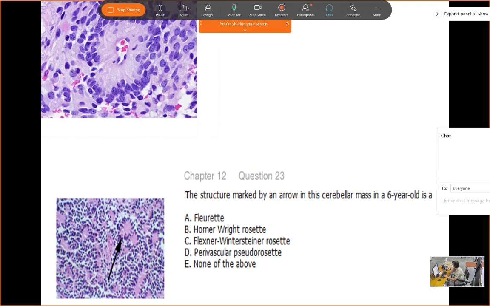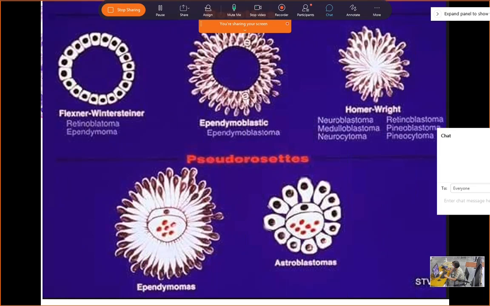These are nothing new. Now about rosettes, this is important. Again, it can come as an objective question. So these are different types of rosettes which can be seen in brain tumors. The Flexner-Wintersteiner rosette is a true rosette, and these are seen in retinoblastoma and ependymomas. Then this is another rosette seen with ependymoblastomas.